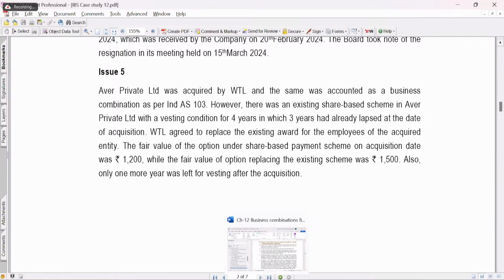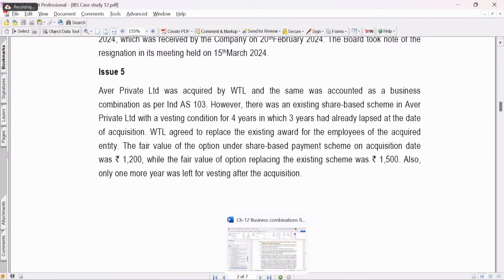So students, first of all, because this is a question of Ind AS 103, and Ind AS 103 deals with business combinations, we have to see who is the acquirer and who is the acquiree. Acquirer is the entity which takes over the business of another entity. By stating takeover, it doesn't mean that you are merging your business.